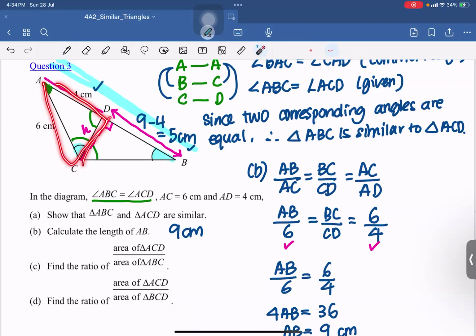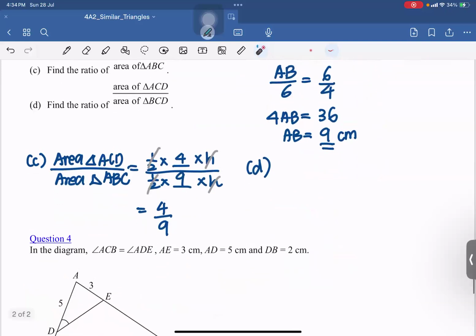ACD and BCD, again, the two triangles lie side by side each other. They share a common height in between. They are leaning against each other, right? So the base for ACD, the smaller one, will be 4. And for BCD, the other side, this length will be 5. So we can still use the same concept.